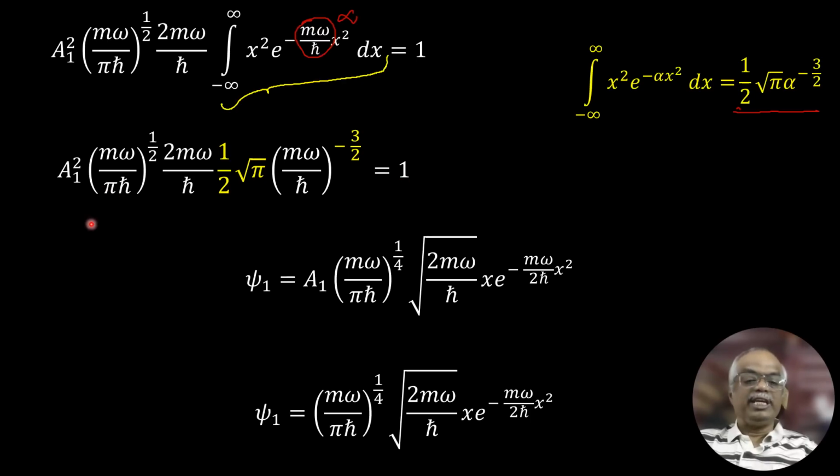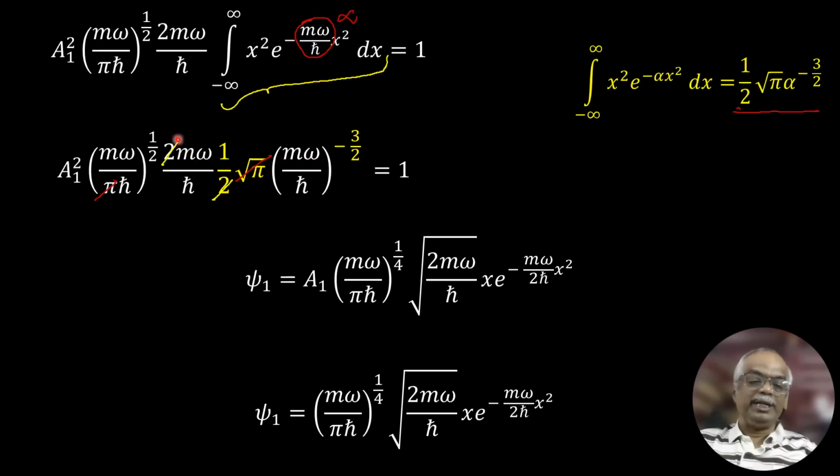Now here we can cancel some of the terms. You can cancel pi with this square root of pi, because this is 1 over square root of pi, and this one is just pi, and you can cancel this 2 and this 2. Now you got here m omega over h cross, and here m omega over h cross.